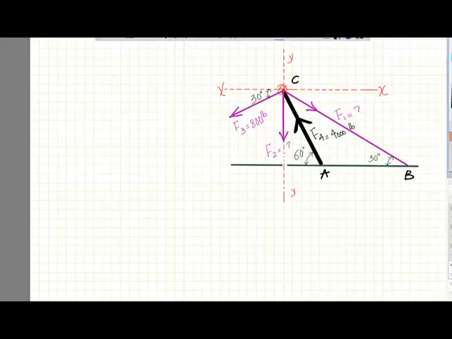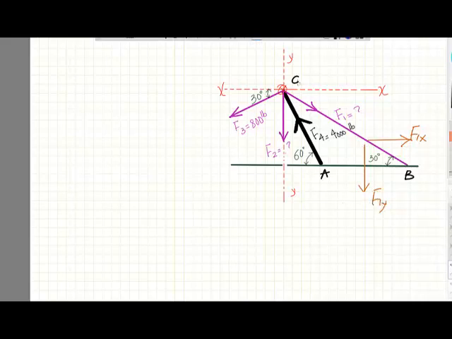So to start, we first have to resolve F1 into its x component, and this will be F1x, and its y component, and this will be F1y.